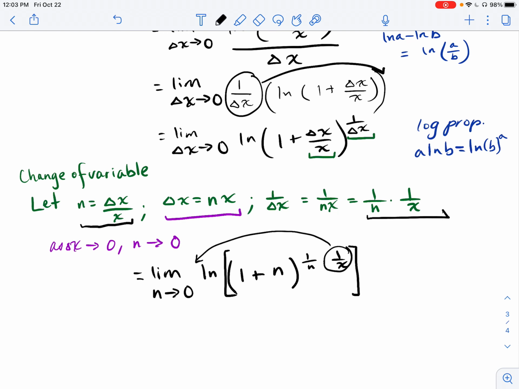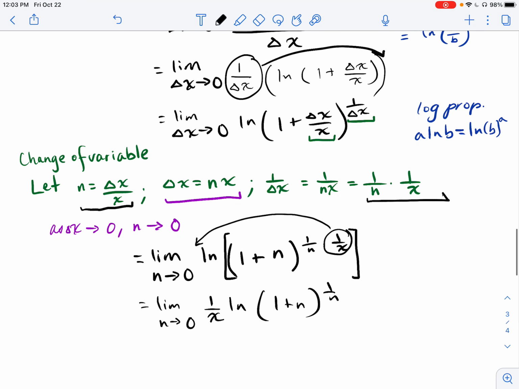Hopefully it'll make more sense in a second, but I can see that this is a limit as n approaches 0. So really, finding the limit of this as n approaches 0, 1 over x has no bearing on what this limit is. So I want to just move it out of the way. First, as an intermediary step so you can see it, the natural log of 1 plus n to the 1 over n power.